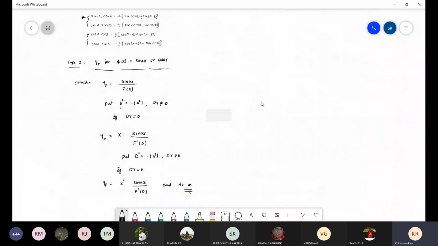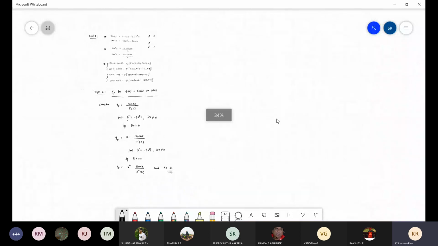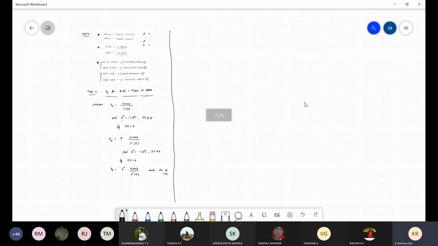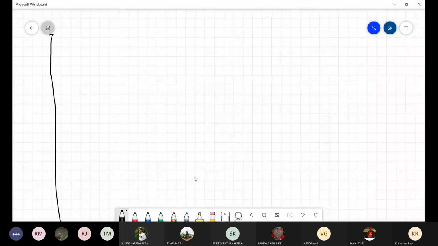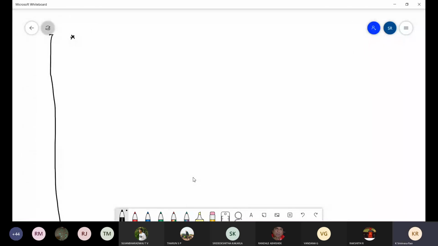I will take the problem now. Solve the following differential equation. y double dash minus 4y dash plus 13y equals cos 2x.